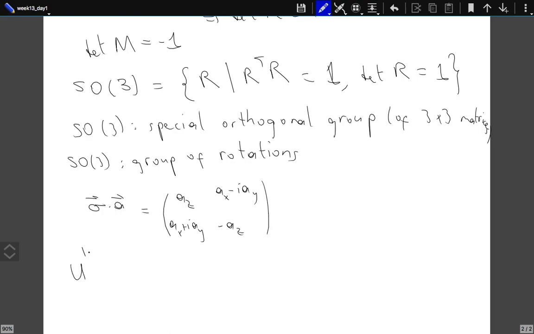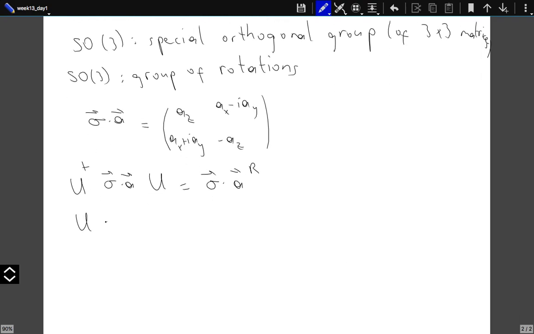Then U dagger sigma dot A U was just sigma dot the rotated A, where U was our rotation matrix, U equal to e to the minus I sigma dot N theta over 2. We are talking about rotations around this N direction by an angle theta.